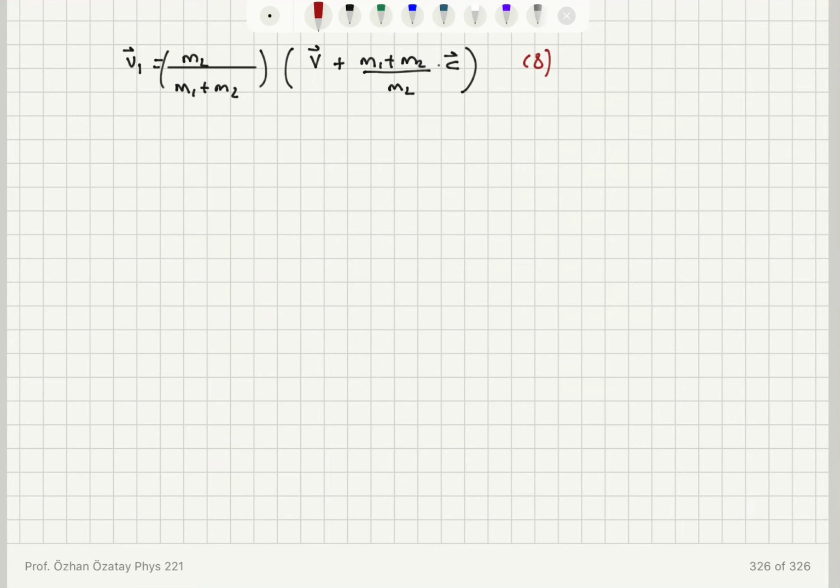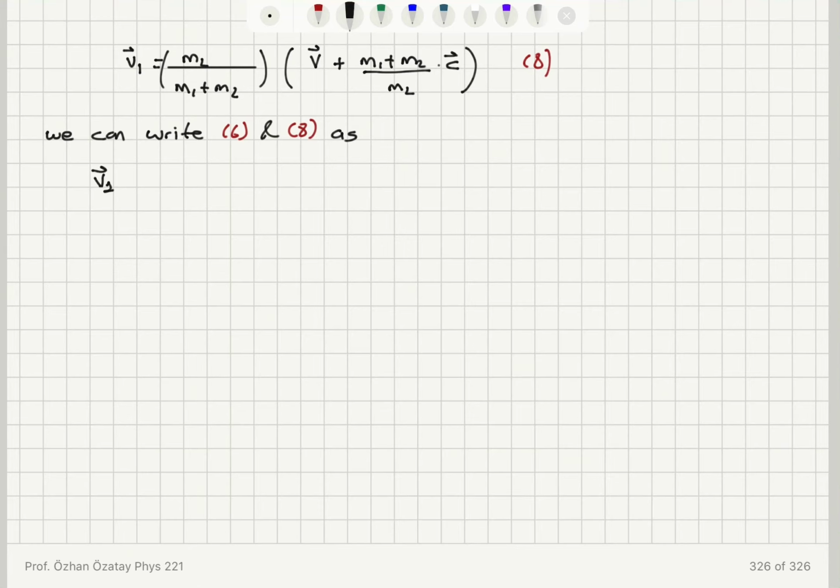So we can write equation number 6 and equation number 8 as the following.